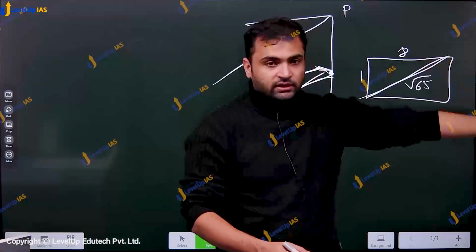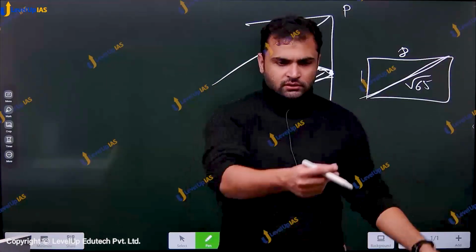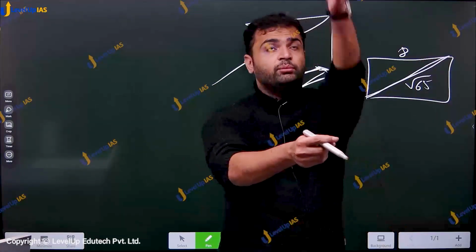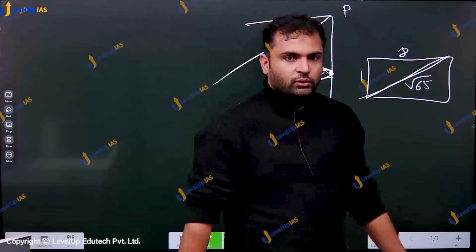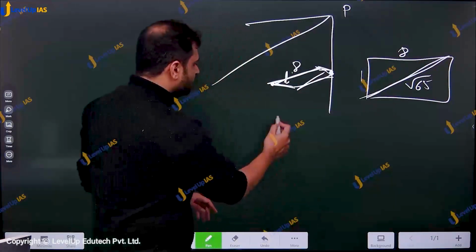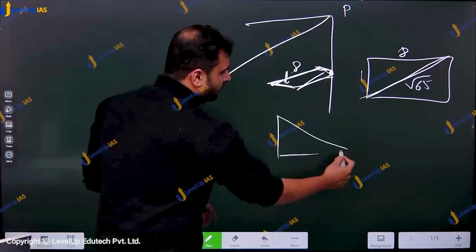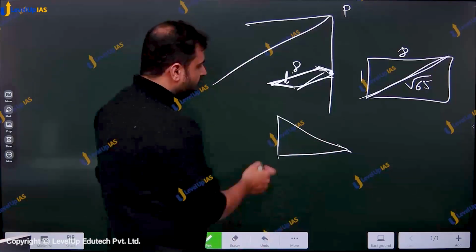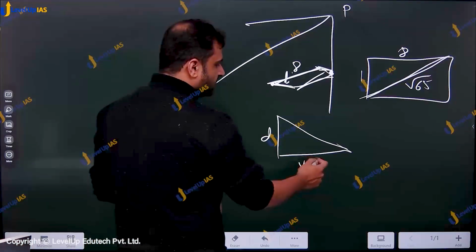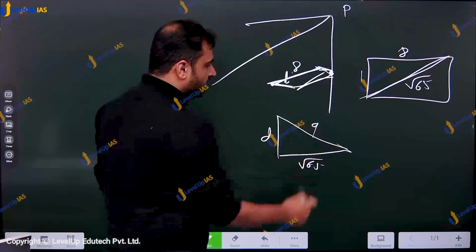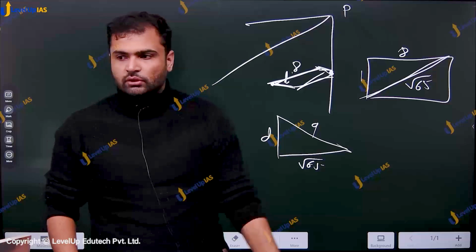And what is the height? The distance of this fly from the ceiling, right? So I have this right angle triangle where this is distance of a fly from ceiling, this distance is root 65, this distance is 9. Can you find out distance from the ceiling or not?